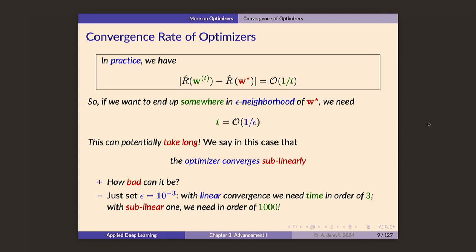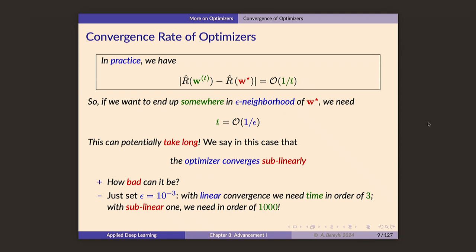So you can conclude that compared to linear convergence, if you want to get the same amount of risk, you now need around 300 times more iterations. And this is crazy. You got the idea? So this is sublinear. It is not linear anymore.